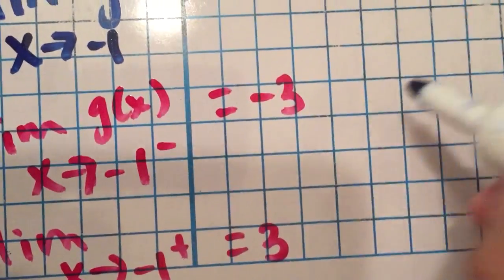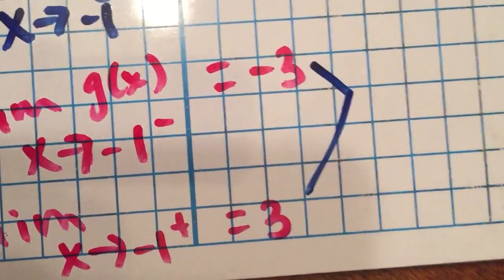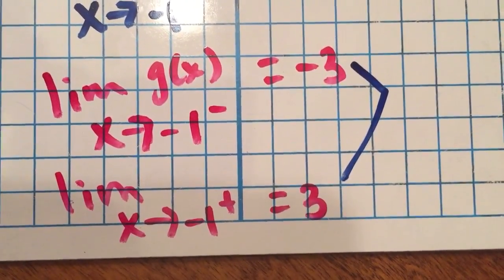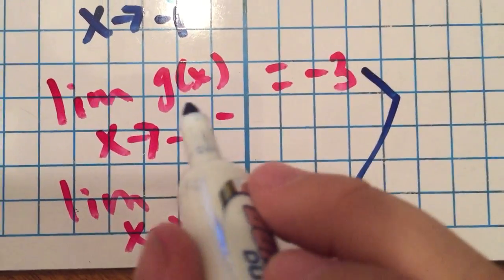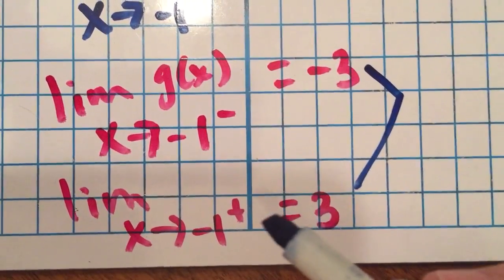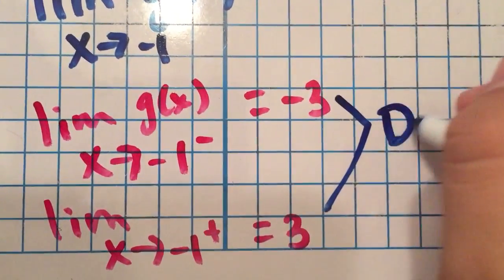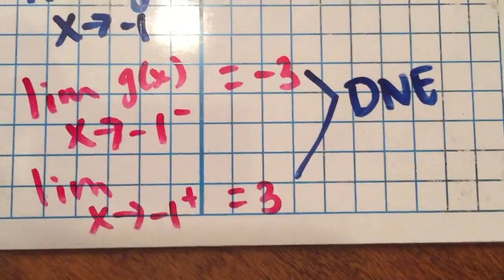And remember, in class today I said that these limits from the left and right-hand side have to equal each other in order for you to have a limit at that point, x is negative 1, or any point that you're talking about. In this case, they are not equal, so I would say does not exist.